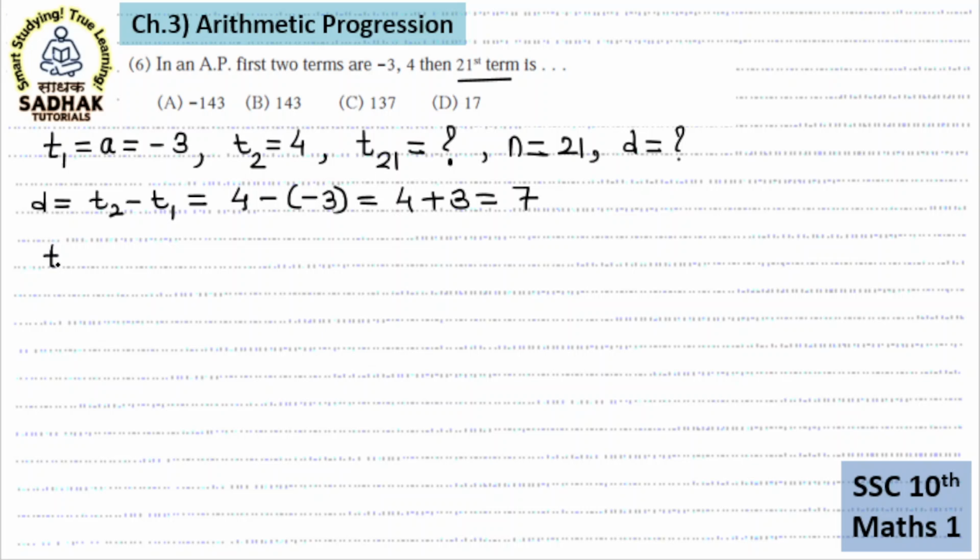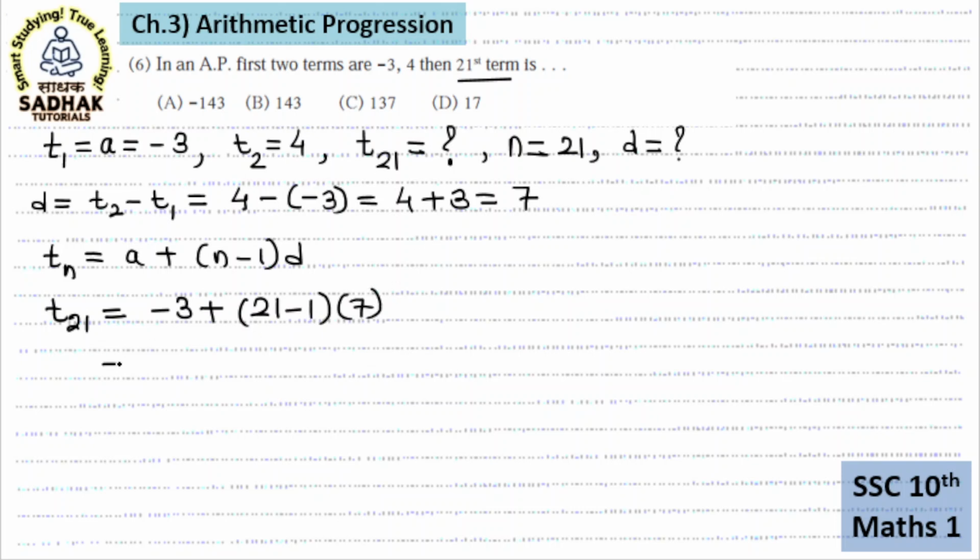So we will use the Tn formula. Tn is equal to a plus n minus 1 d. That formula we will use. Here n we know is 21, so we have to find the 21st term. So T21 is equal to a, which is now minus 3, plus n is 21 minus 1, and d we have found out is 7.